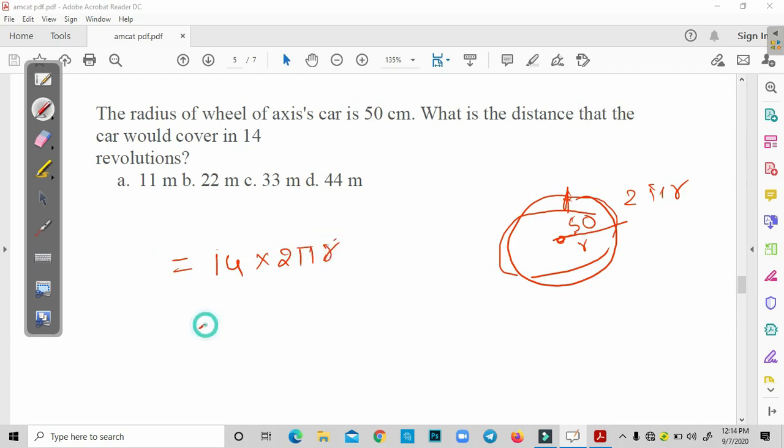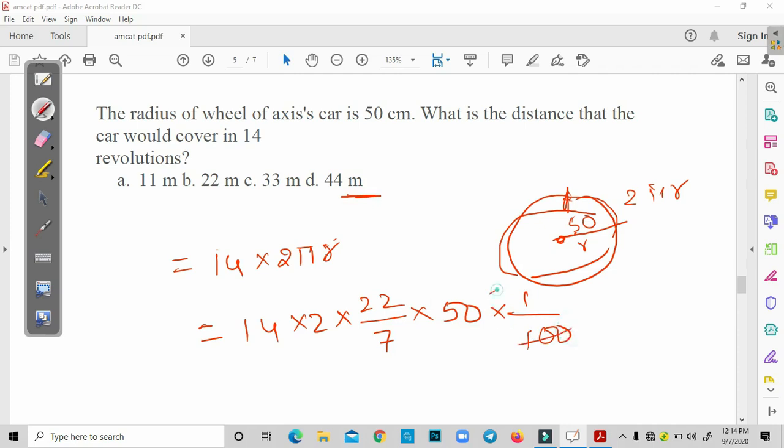We have r, so you can solve it directly. 14 into 2 into 22 by 7 into 50. But the answer is in terms of meters, so we have to do 1 by 100. The 100 cancels. So the answer is 44 meters.